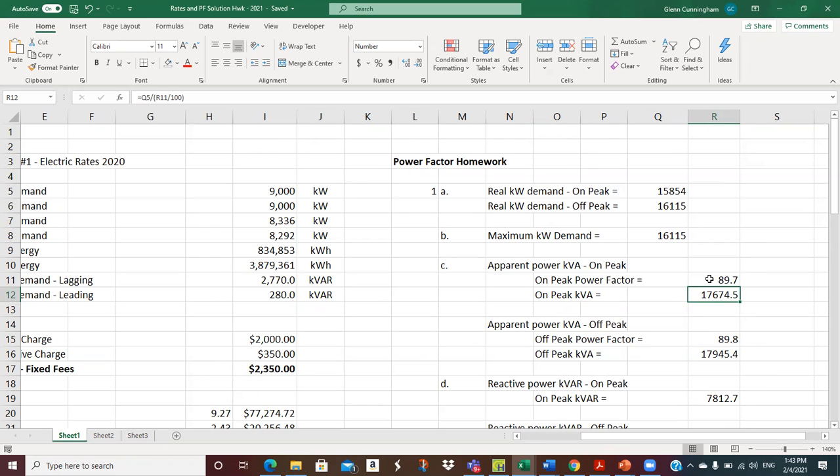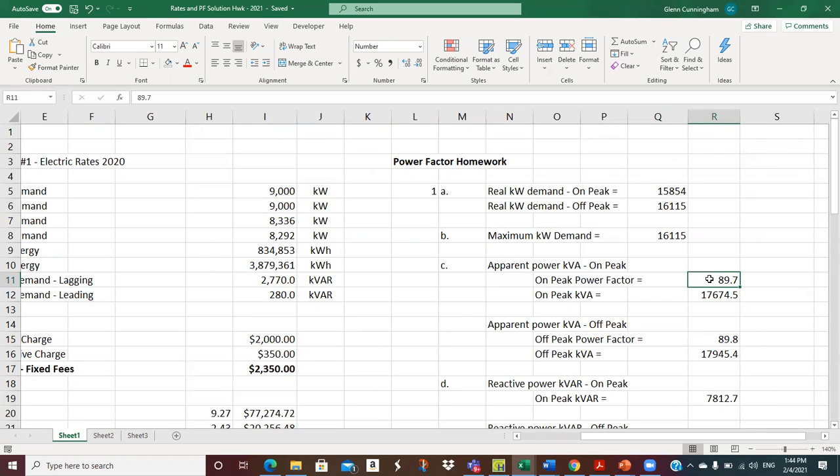That's one way to do it. But anyway, I think that power factor is actually given to you. Let me see here. I may have this all crazy. On-peak power factor, yeah, 98.7. No, that's correct. Well, that was on the bill, so I didn't calculate it.